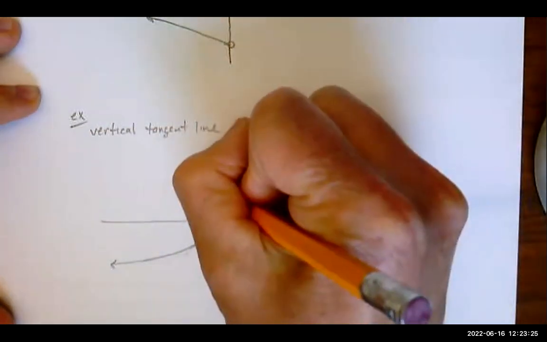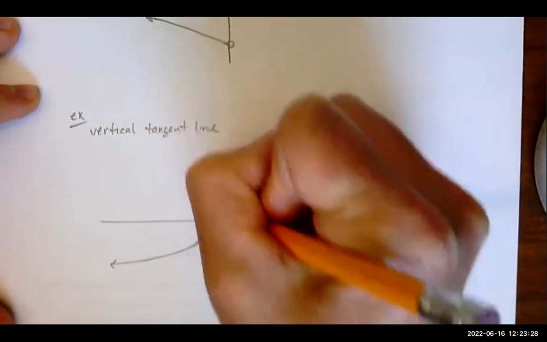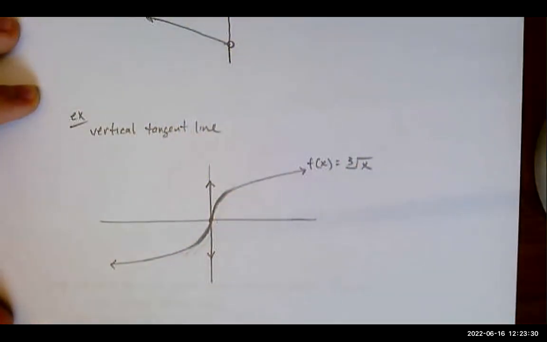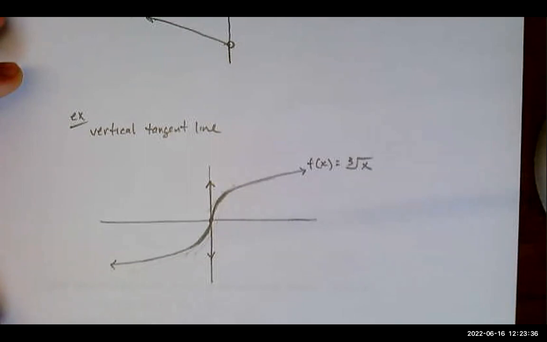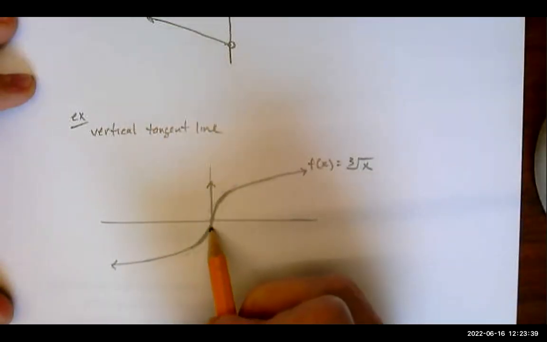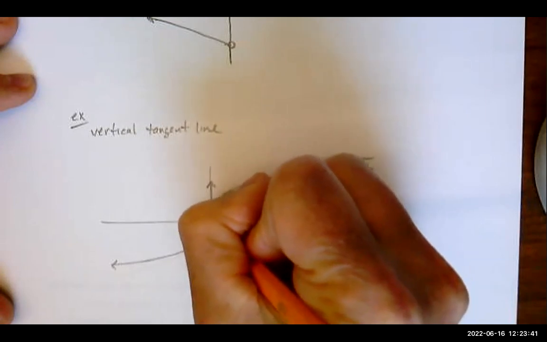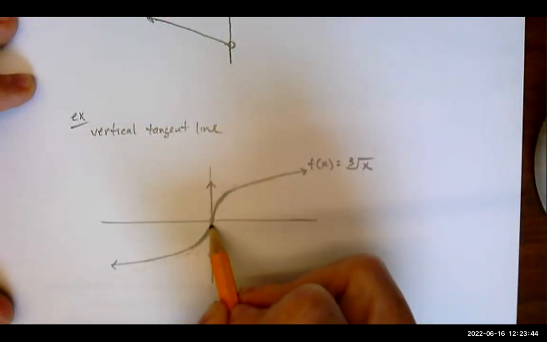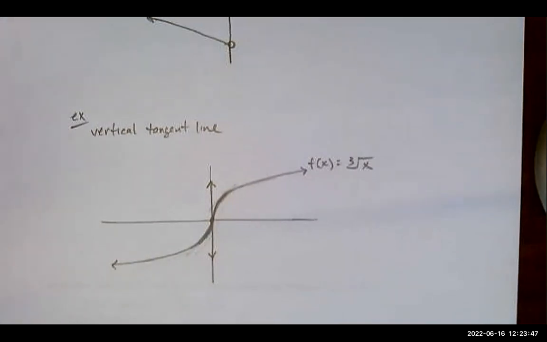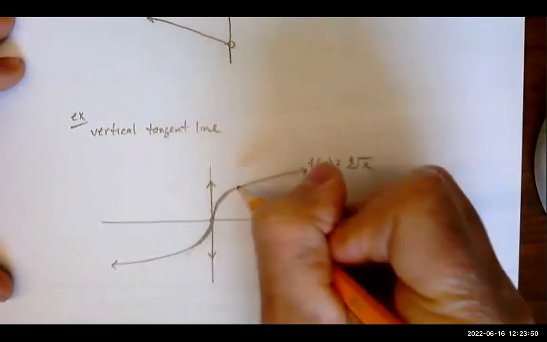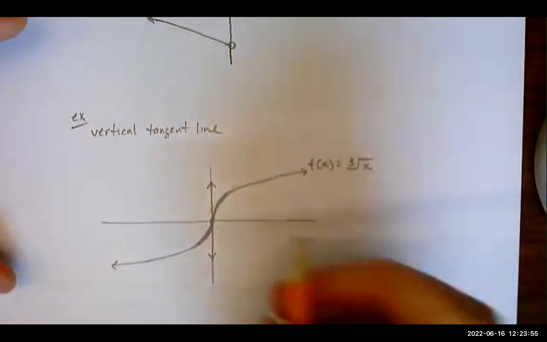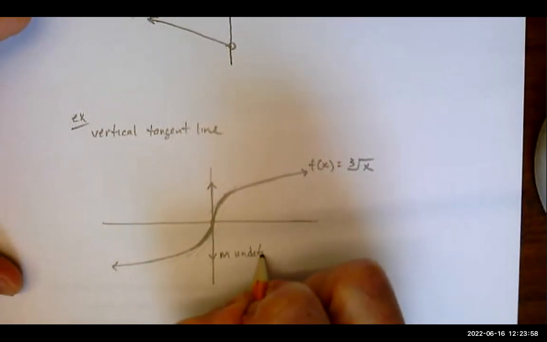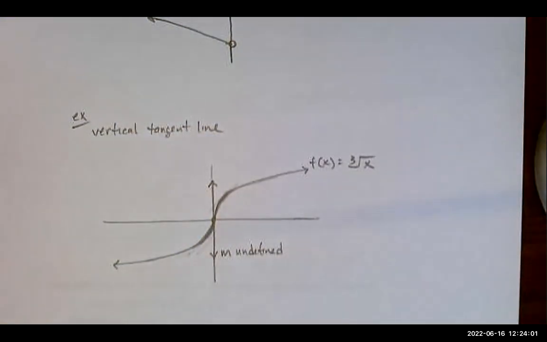Right at this moment, the tangent line is perfectly vertical. Then as you keep going, the tangent lines start to level out again. But right there at the origin, just for an instant, the function is moving perfectly vertical, not enough to violate the vertical line test, which is crazy, because it then immediately starts to curve back the other way. If your tangent line is vertical, obviously m is undefined at that vertical tangent line, and so your derivative does not exist.